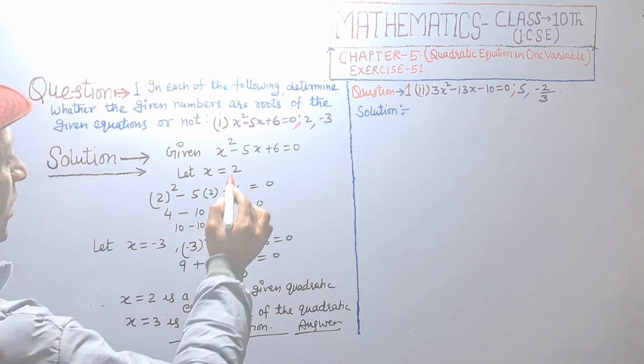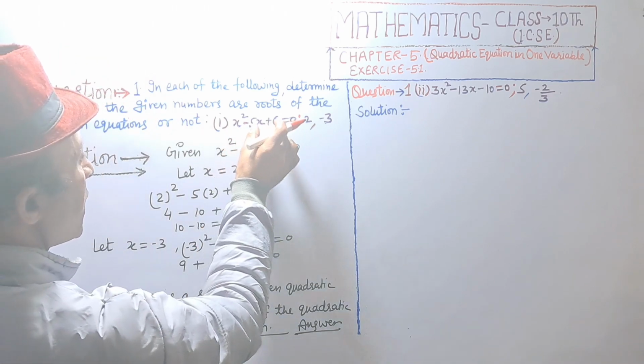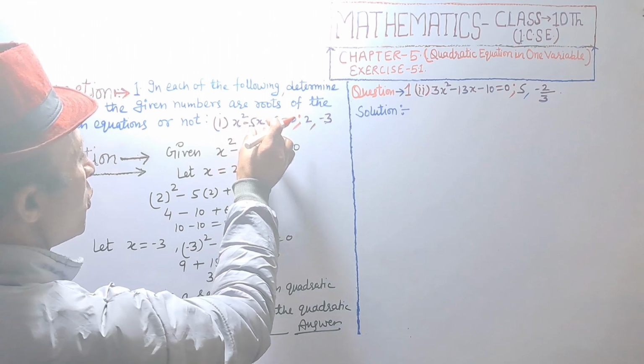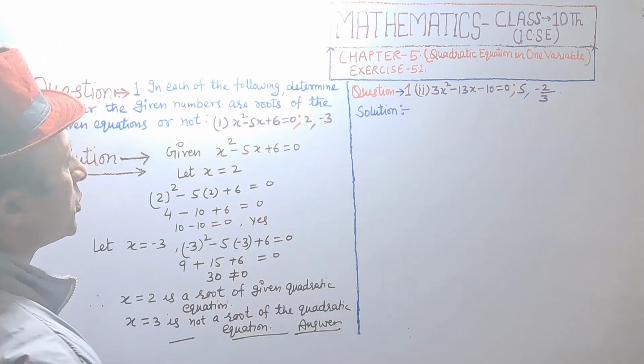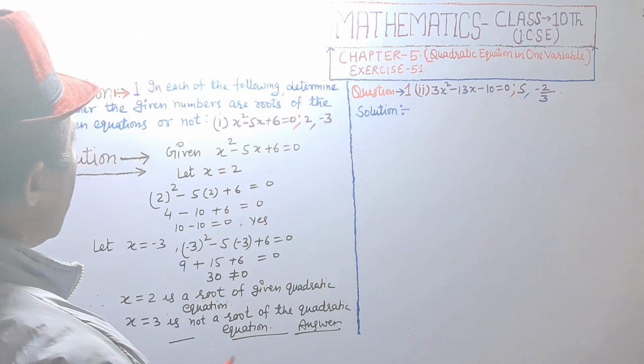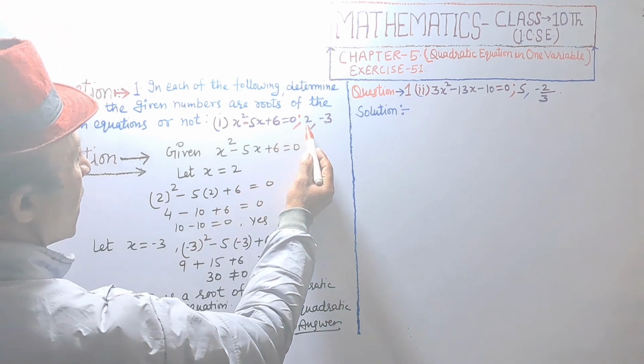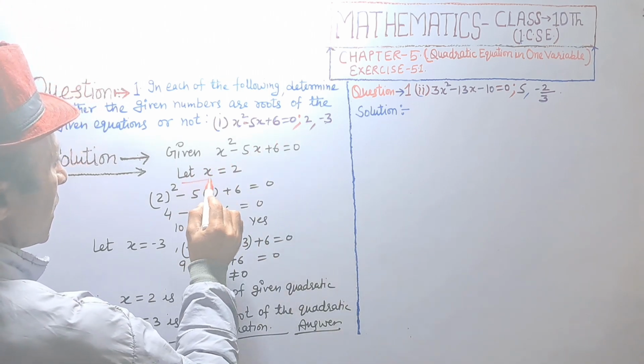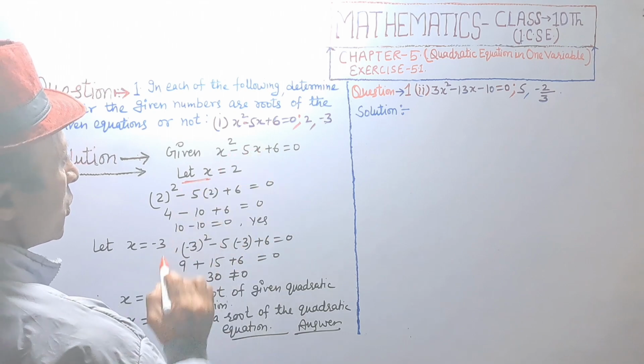Answer. We have the given quadratic equation x raised to power 2 minus 5x plus 6 equal to 0, and let x is equal to 2.